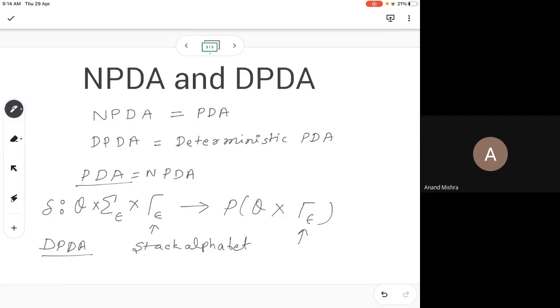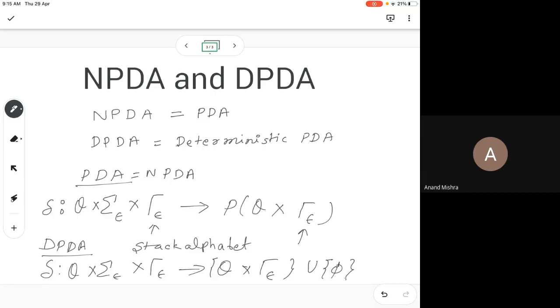In DPDA, the only difference will be here. Q cross these are allowed, but this will not be a power set. Rather, it will be Q cross gamma union epsilon.